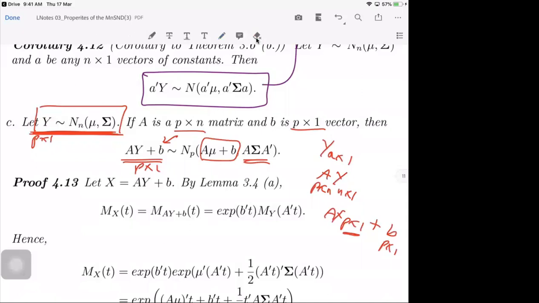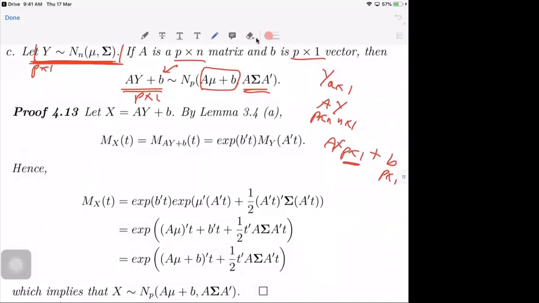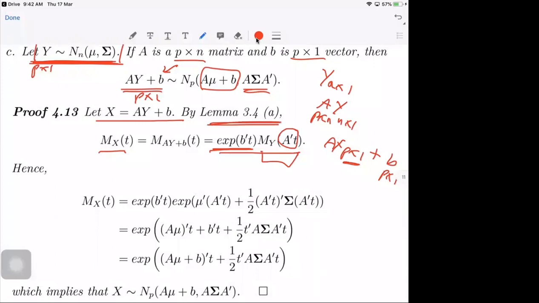So it's telling us that the moment generating function when we transform Y into AY plus B is just equal to a constant, which is the exponential of B prime T, times the moment generating function of Y at A prime T. So we can use this result, no?